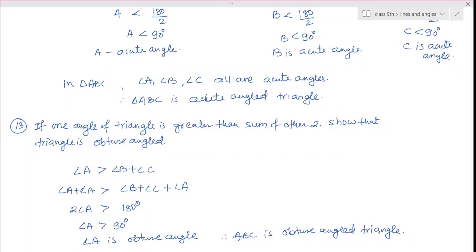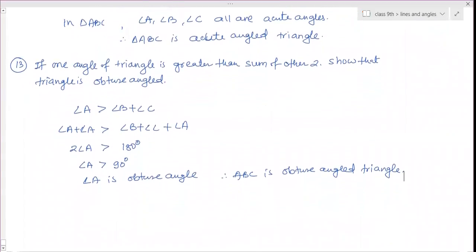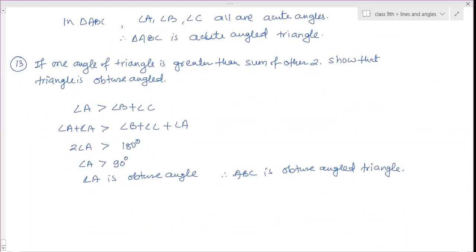Okay, so we will stop here. You have to finish only solving the questions of this exercise. Proving I will solve. The questions will be question numbers 14, 15. Note down the questions. Exercise 8: 14, 15, 16, 17, 18, 19.